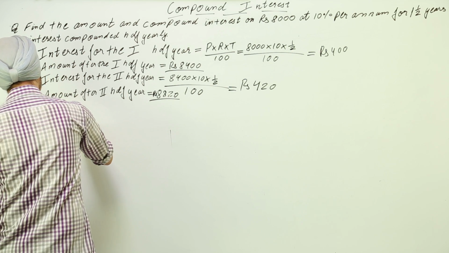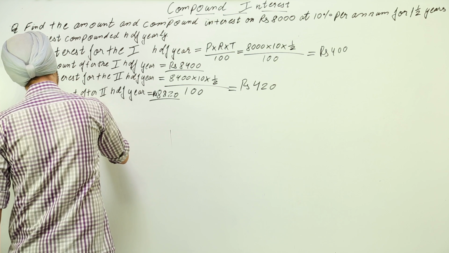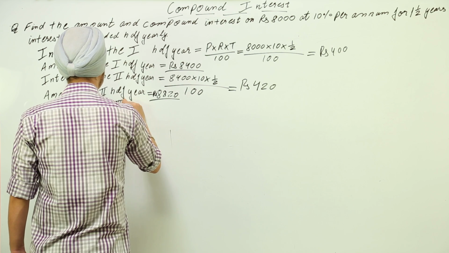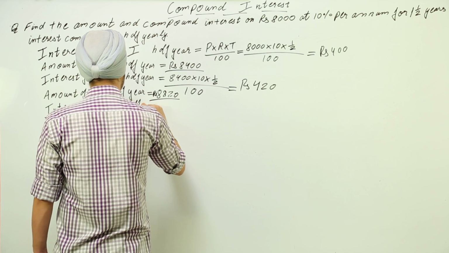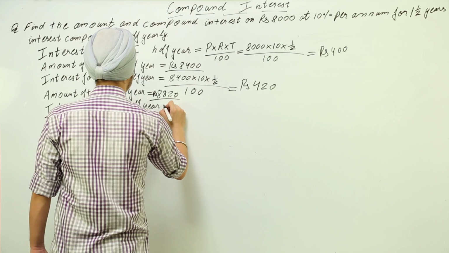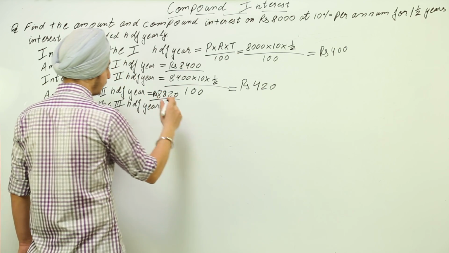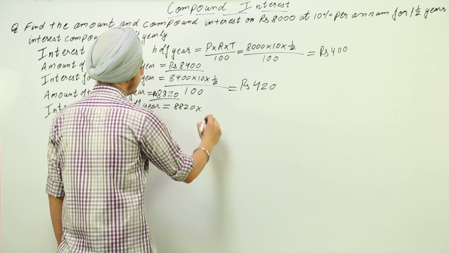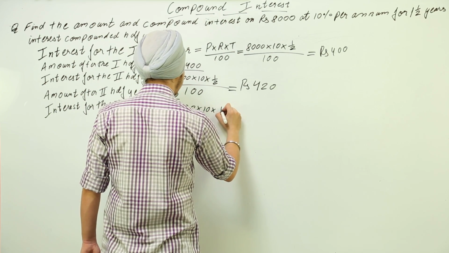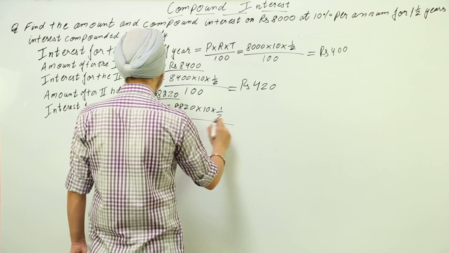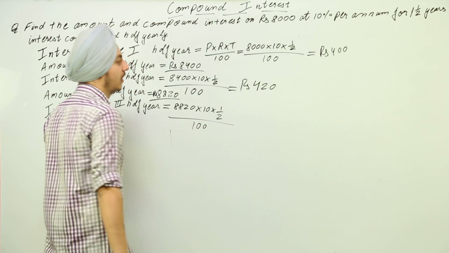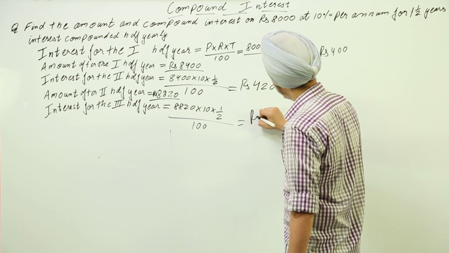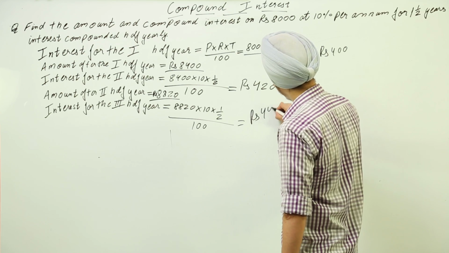So we have interest for the third half year equal to principal, that is 8820 into 10 into 1/2 upon 100. Now this value comes out to be equal to rupees 441.